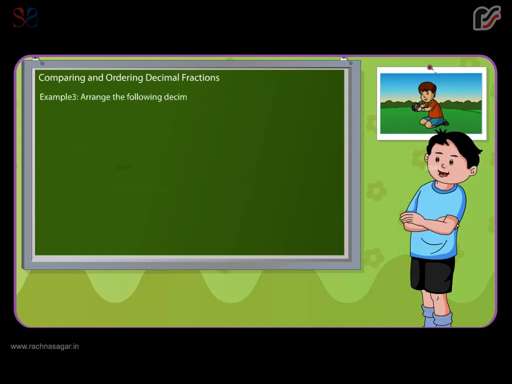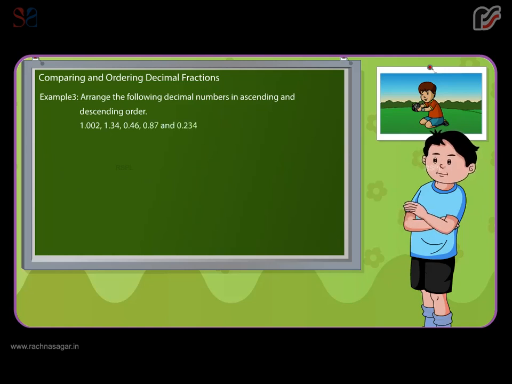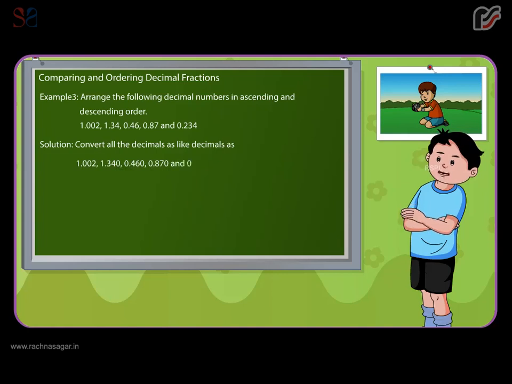Example 3. Arrange the following decimal numbers in ascending and descending order: 1.002, 1.34, 0.46, 0.87 and 0.234. Solution. Convert all the decimals into like decimals as 1.002, 1.340, 0.460, 0.870 and 0.234.